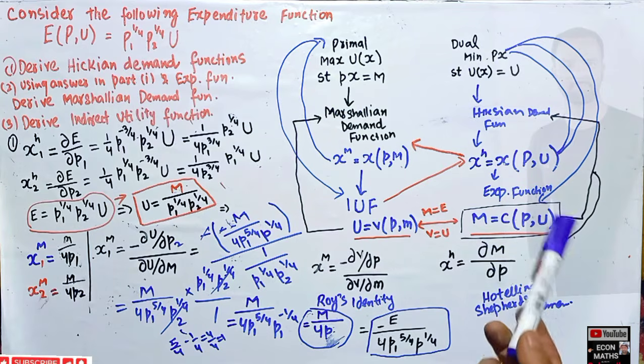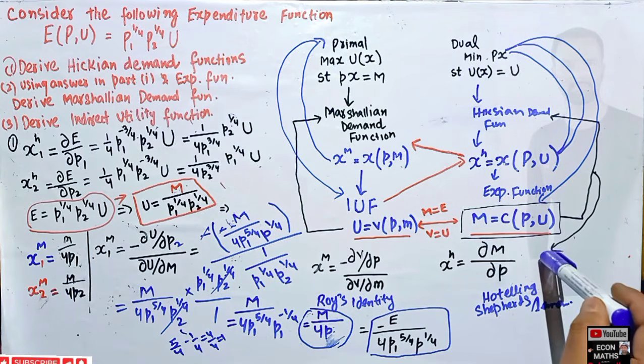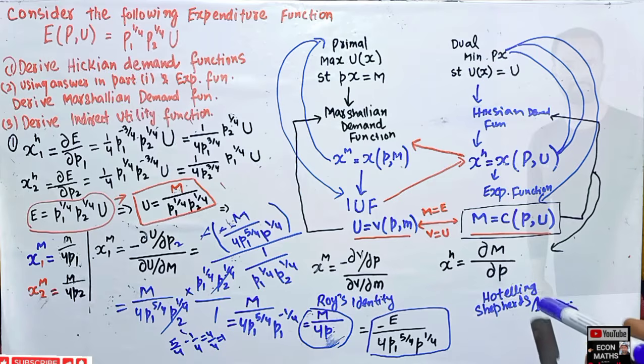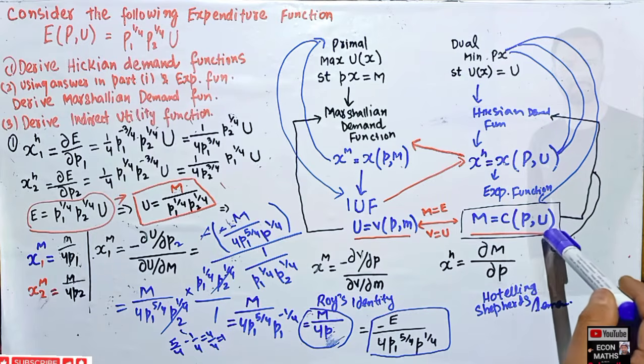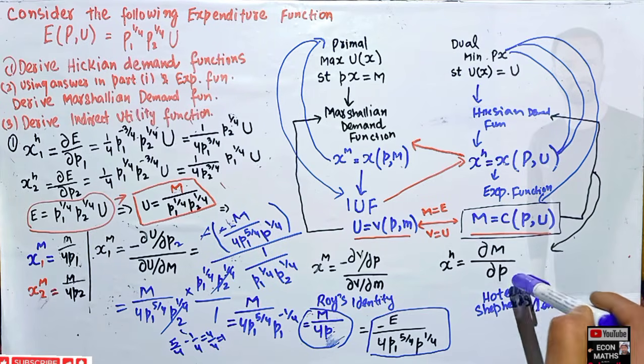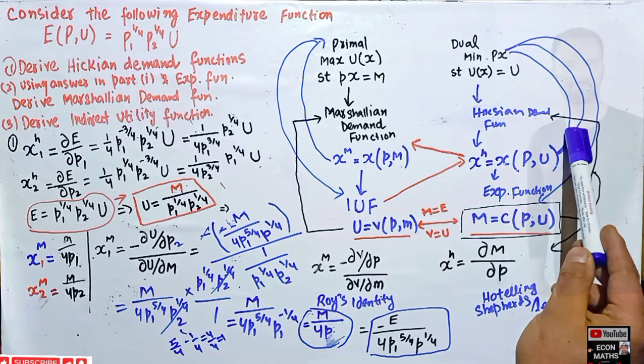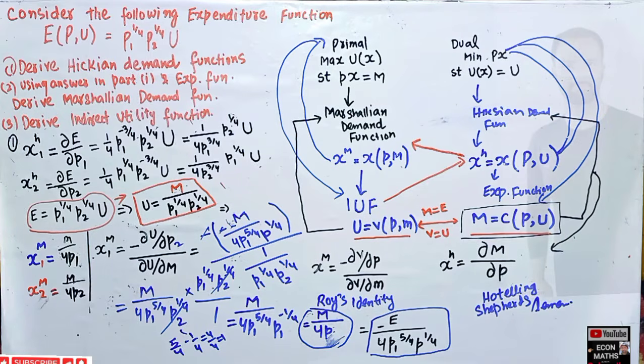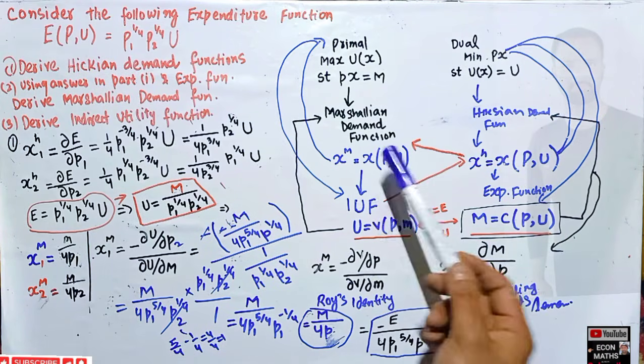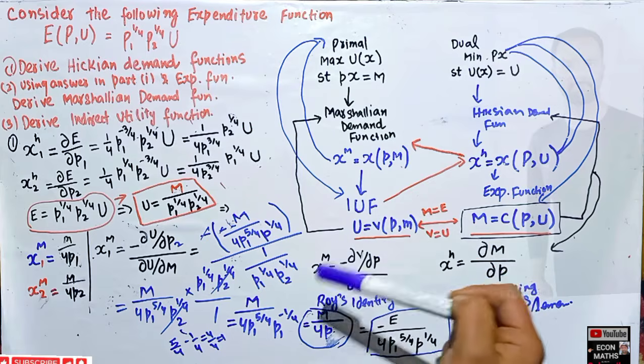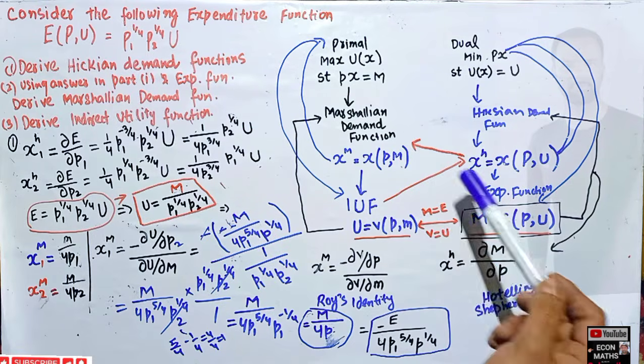Okay, how do we get the Hicksian demand function from expenditure function? We use the Hotelling lemma or Shephard's lemma. That is simply, we differentiate the expenditure function with respect to price to get the Hicksian demand. Okay, similarly, if we want to find the Marshallian demand function, there are two ways, either to go highway or to my way.